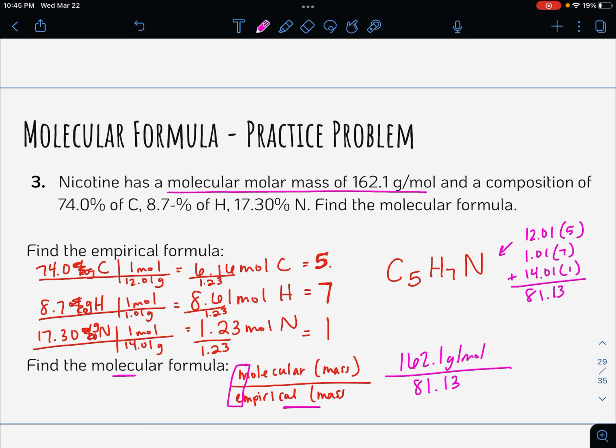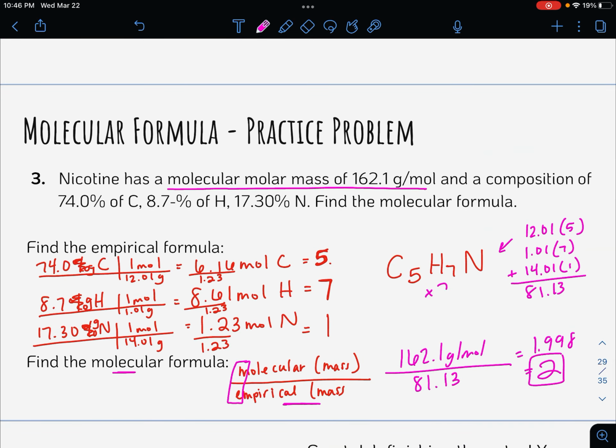So again, me, empirical goes on the bottom. Now I can just divide, and this comes out to be like 1.998, which is basically 2. We're just looking for that whole number ratio. So now all I have to do is come back to my empirical formula and multiply it by 2. So this is my molecular formula.